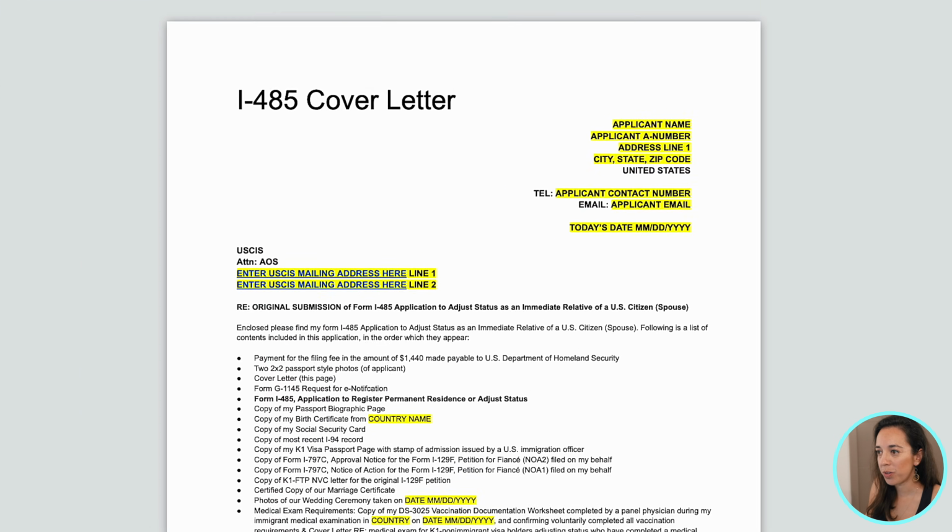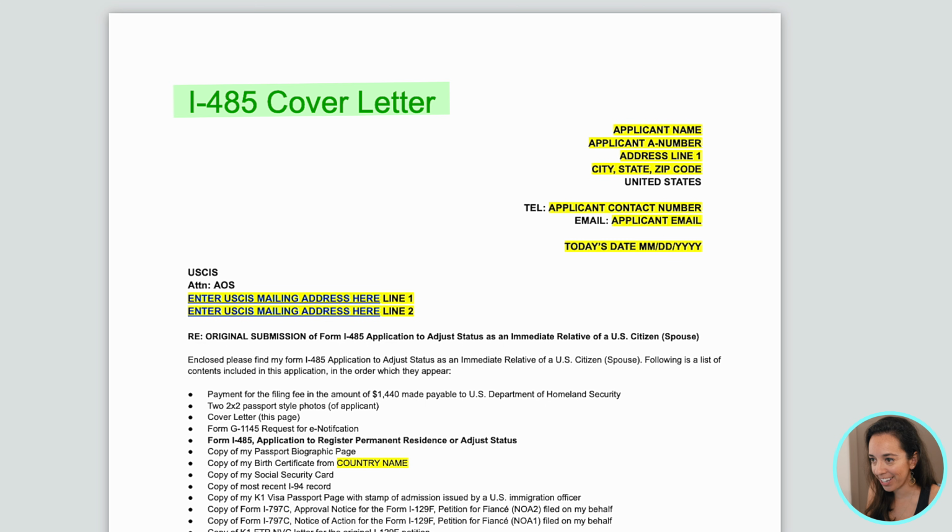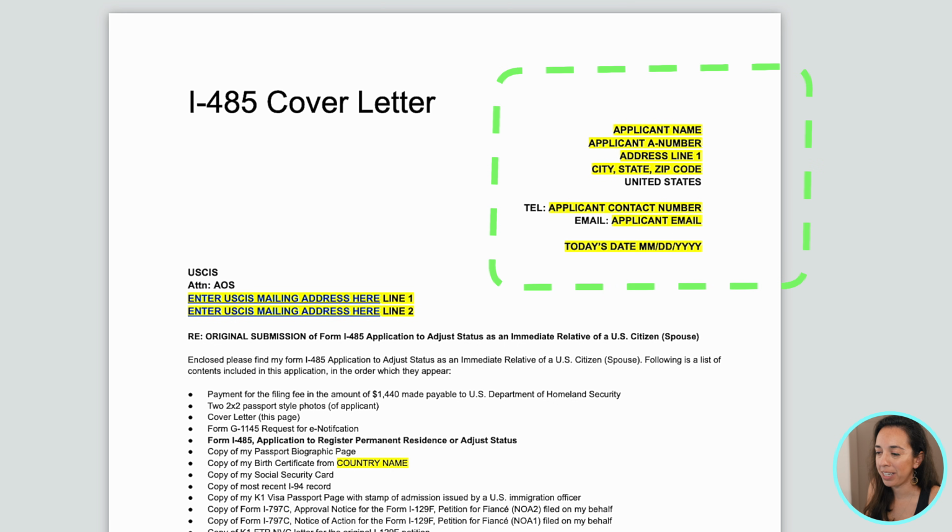We ensured the words I-485 cover letter were visible in the left-hand corner. On the right-hand corner, you'll write the applicant's name, A-number, address, and contact information, as well as today's date.